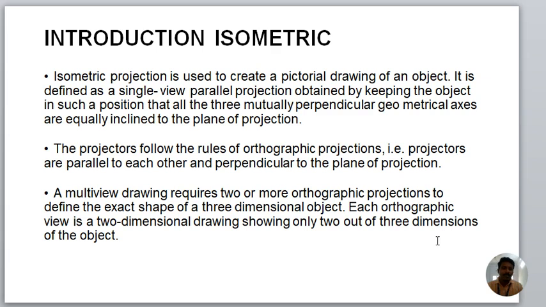It means at least two or more orthographic projections are required to define the exact shape of the three-dimensional object. Each orthographic view is a two-dimensional drawing showing only two out of three dimensions of an object.